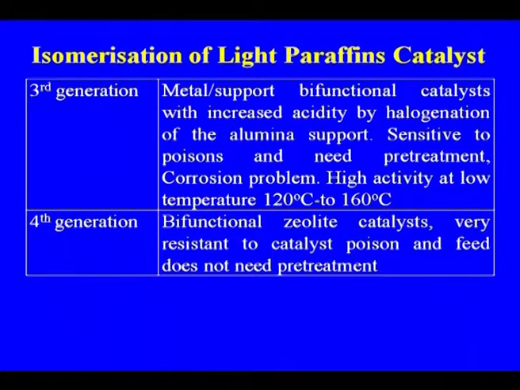Fourth generation, bifunctional zeolite catalyst, very resistant to catalyst poison and feed does not need any pretreatment. So, this is the change that has taken place in the catalysts used in the isomerization process. In all the catalysts, one of the problems is the presence of impurities in the feedstock.